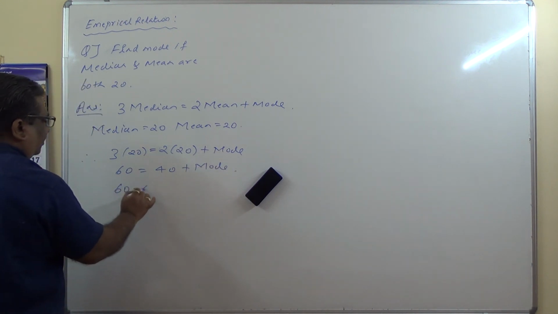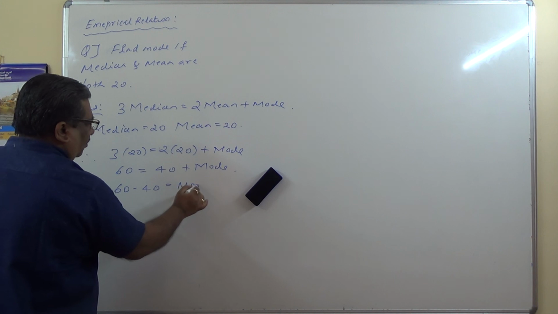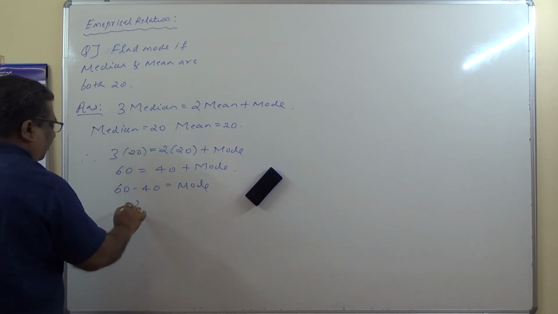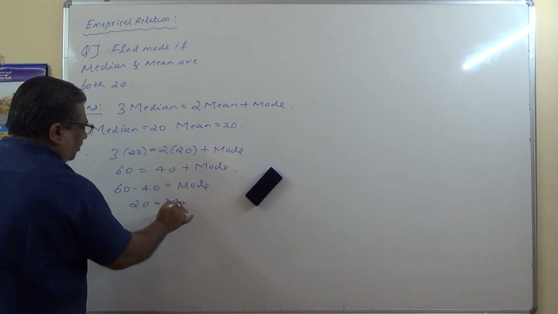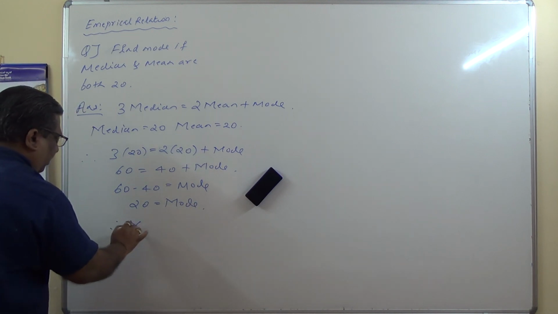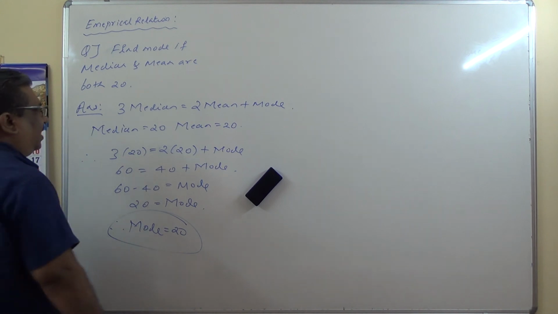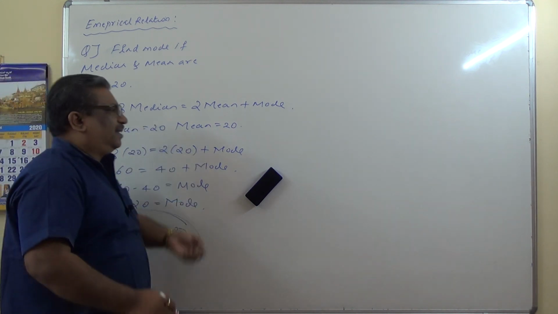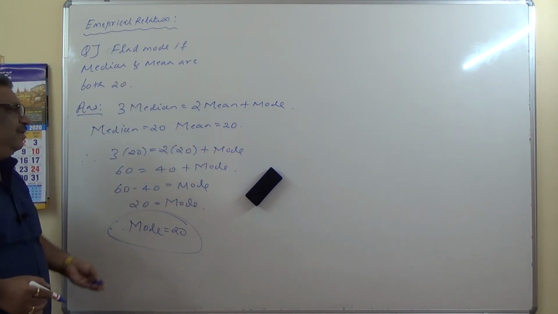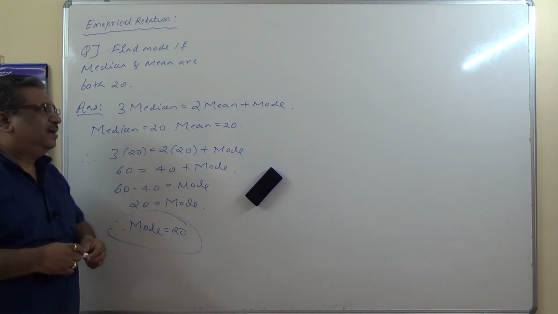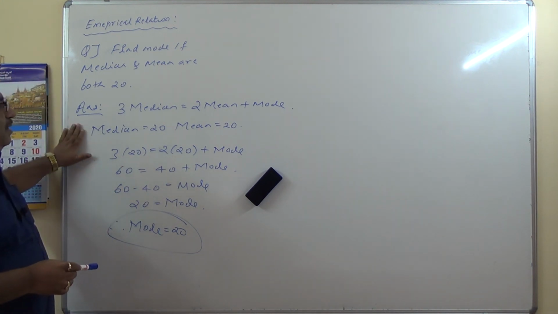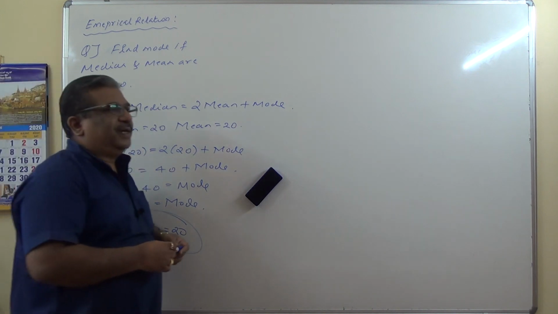So 60 minus 40 is equal to mode. How much is this one? 20. And therefore mode equals 20. So make sure that if both median and mean are the same, then mode also you may get as the same. Okay. So this is how we can solve some of the typical numericals which I have taken.